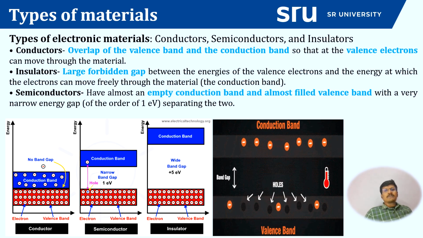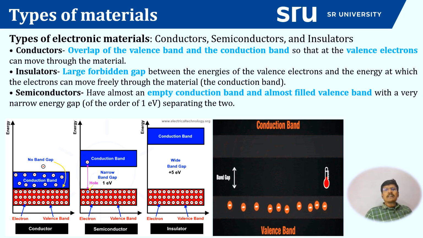What makes the semiconductor special is that the conductivity can be controlled by changing temperature, adding impurities, or applying an external electric field. We can control the conductivity of these semiconductors. We can increase or decrease their conductivity.